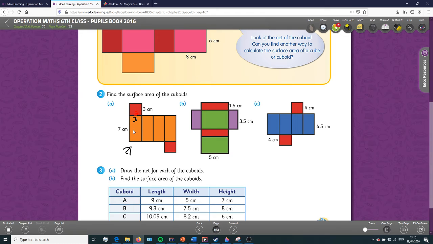So this rectangle is 21, this rectangle is 21, this one is 21, and this one is 21. So 4 times 21 is 84.